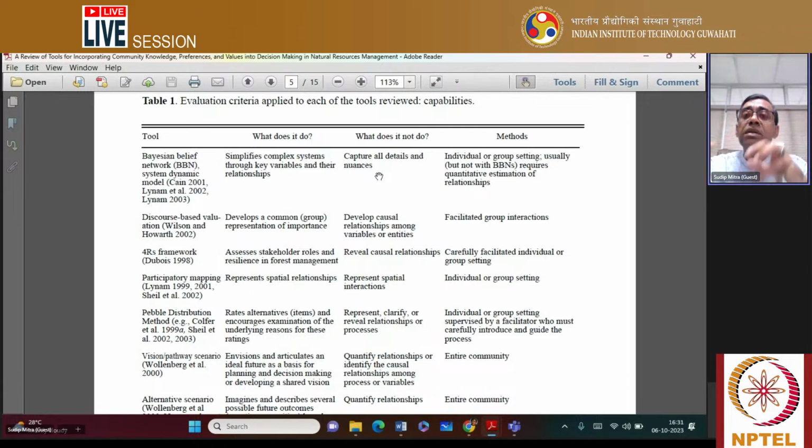Now, what kind of methods will the BBN tool follow? It could go for an individual or group setting, as in the last column. This usually requires quantitative estimation of the relationships between different variables, say water, soil, plant, biodiversity, weather parameters, climatic variables.